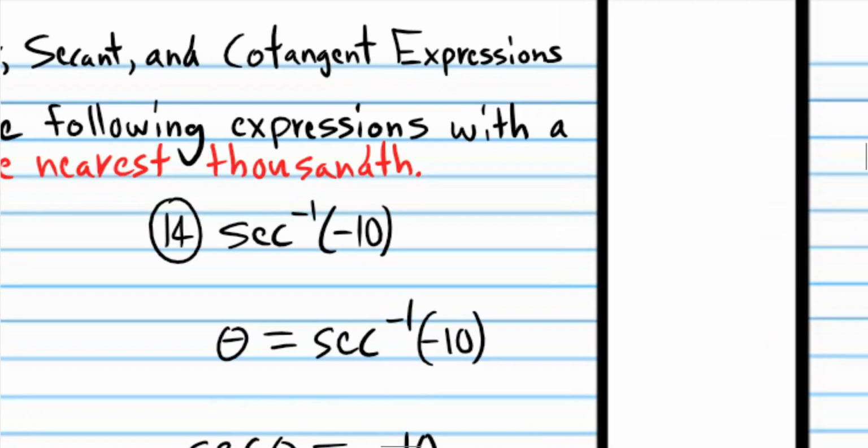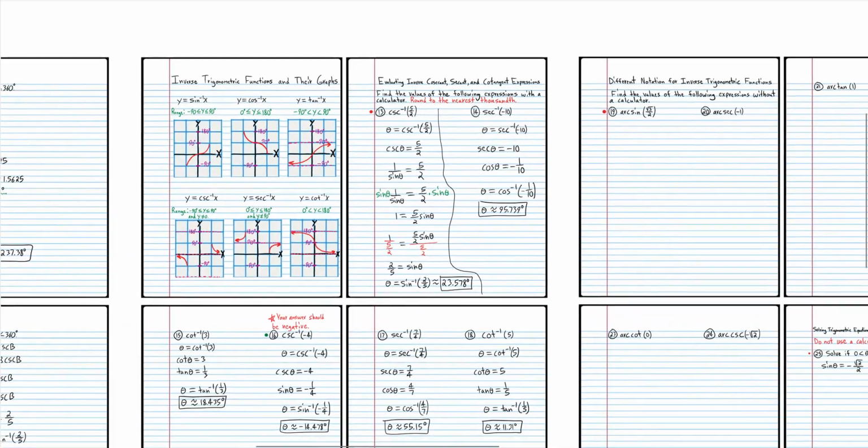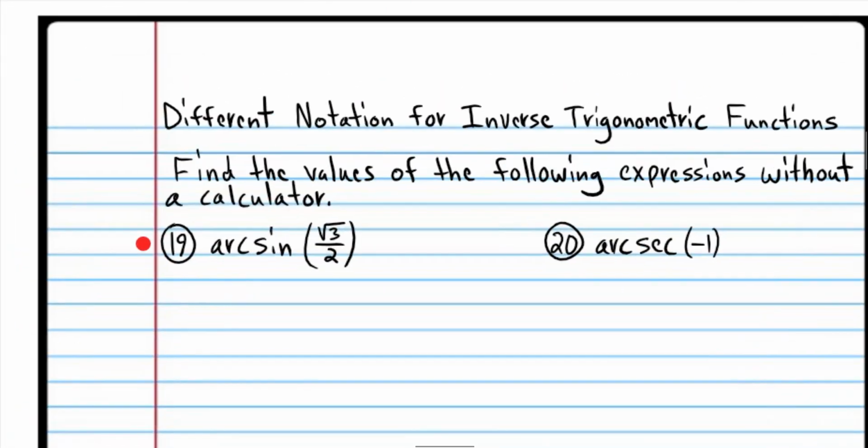Notice that we use this inverse notation here. This notation is very confusing because it looks like we're raising something to the -1 power, and that's not correct. We're not doing that. This is just notation that means secant inverse. It's very poor notation. We shouldn't be using the notation, but it's the most popular notation. There's another type of notation that you could see, and that is this notation here.